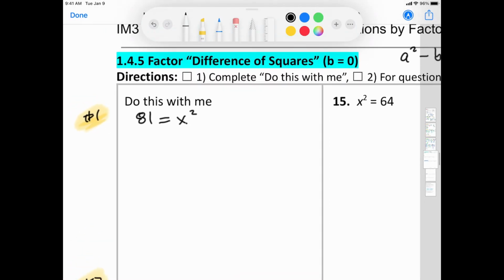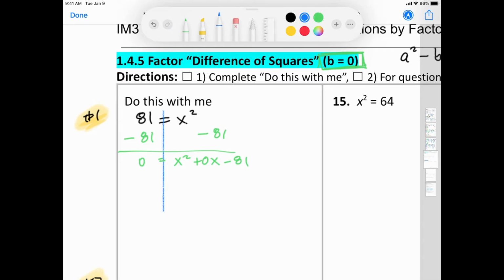My method is to keep using the x box. It seems long, but you'll recognize that it's more universal. It's kind of like having Air Force Ones. They are classic. Okay, x squared minus 81, and you're going to notice that I left a big space in there because that's the point of difference of squares. The b value is 0.